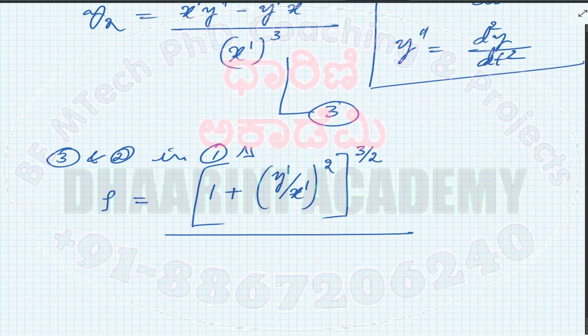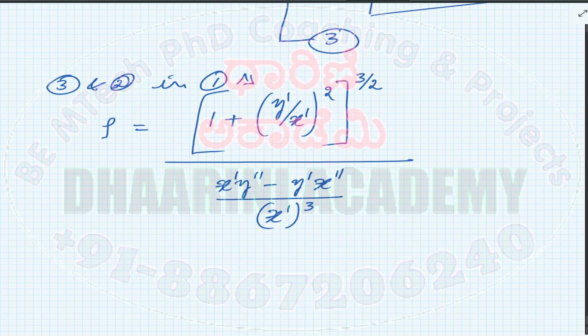That's the first term. And in the denominator, it is simply y2. Okay, let's substitute the y2. Y2 is nothing but x dash y double dash minus y dash x double dash whole divided by x dash whole cube.